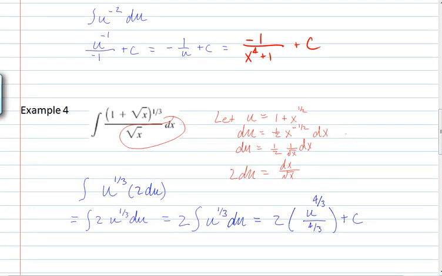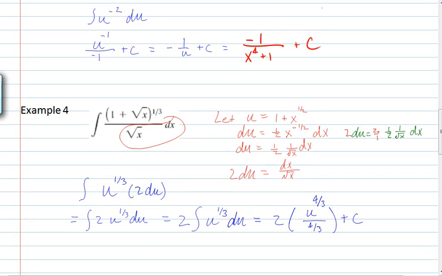There's a step that I could have written, I guess, here, and that is du is equal to 1/2 times 1 over the square root of x dx. You're okay with what we got there, right? In order to get that dx over square root of x by itself, I have to multiply both sides of the equation by 2, right?